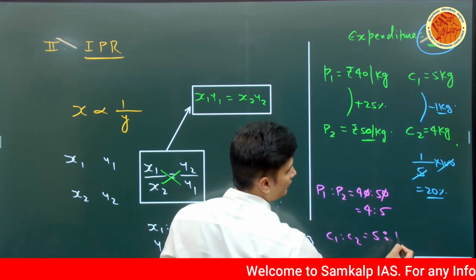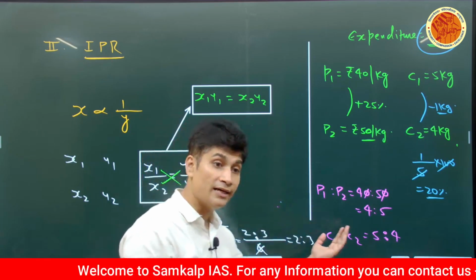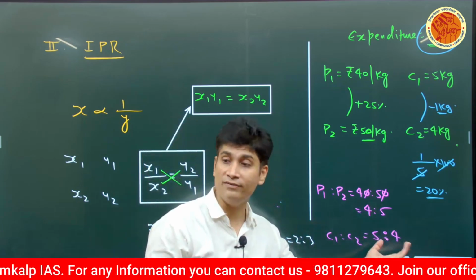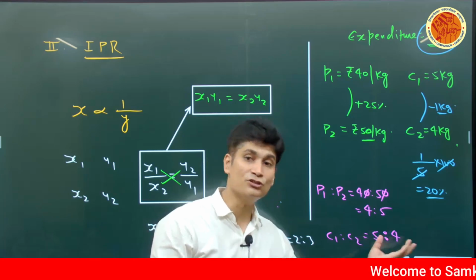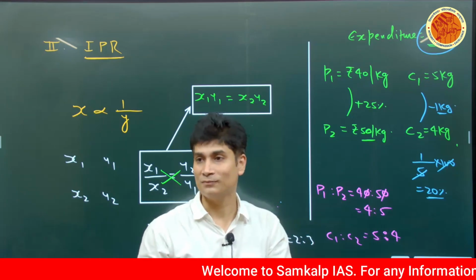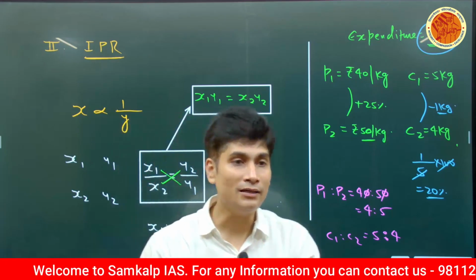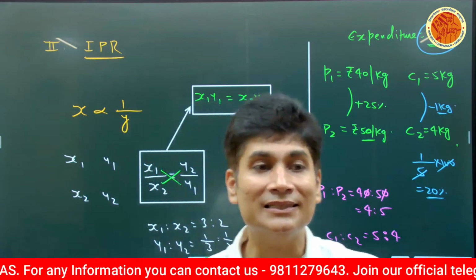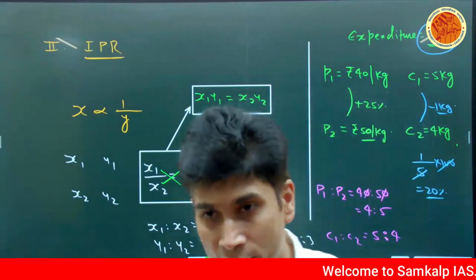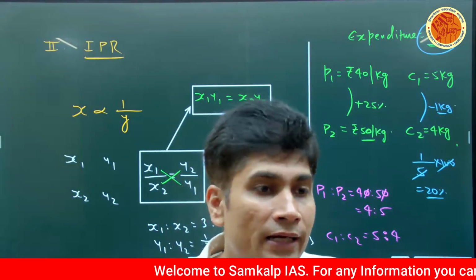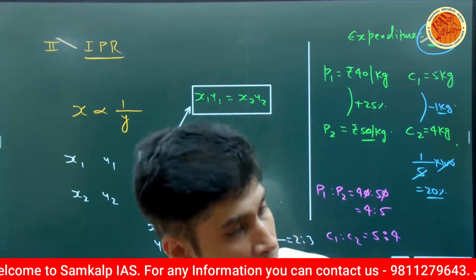So it is already showing you that price has ratio 4:5, and consumption is in ratio 5:4. That means it reversed. So in an inverse relationship, these values get reversed. If in one relationship it is 8 to 9, the other will automatically become 9 to 8.